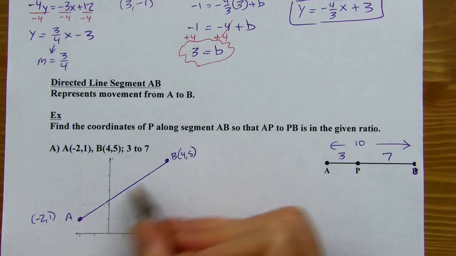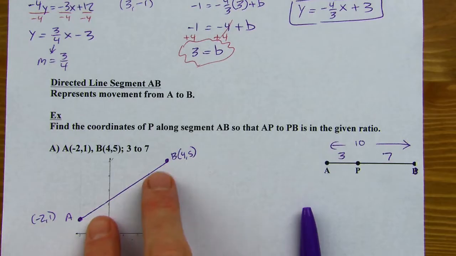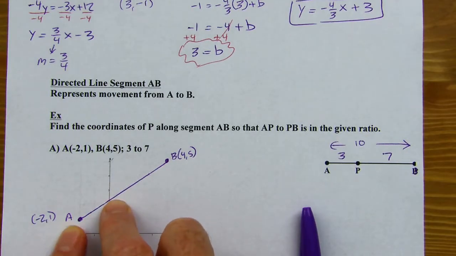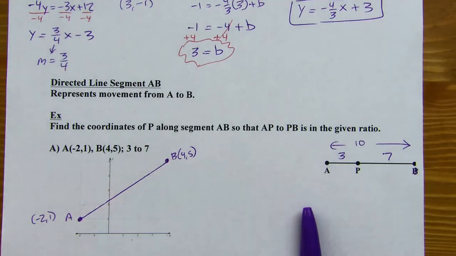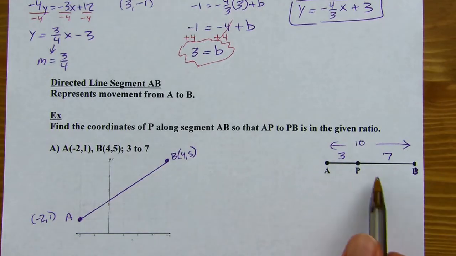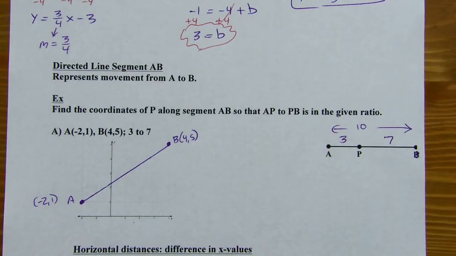So somewhere in here, I want to split this into 3/10 of the line segment over there, and 7/10. I'm thinking it's going to be somewhere pretty near the y-axis, just to split it visually, sort of like that. Just to give you an idea of what we're actually doing.